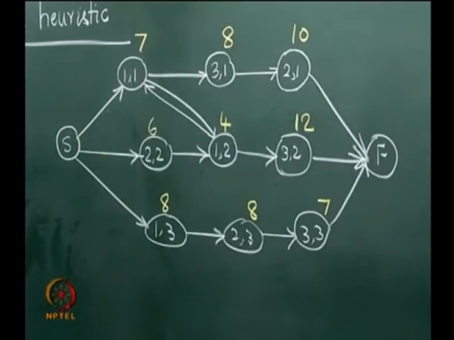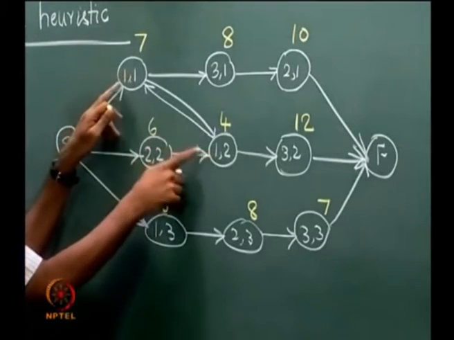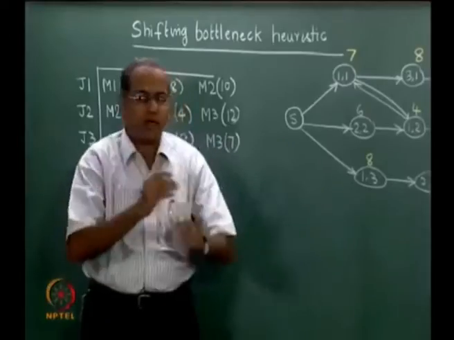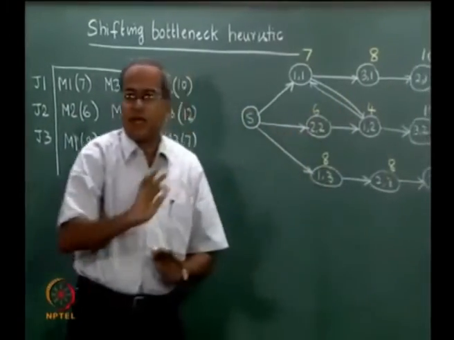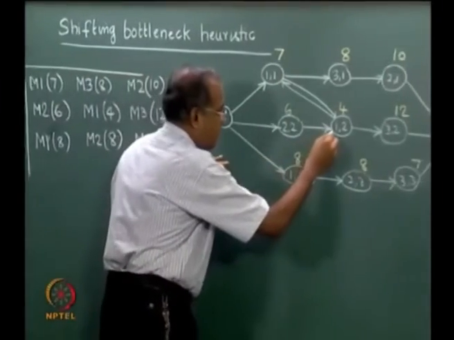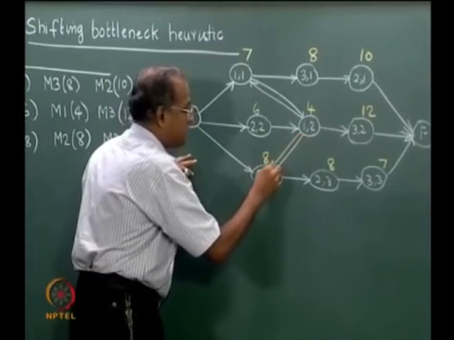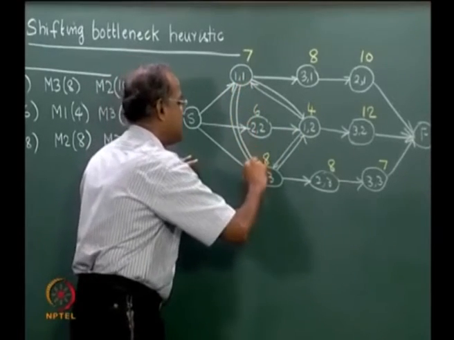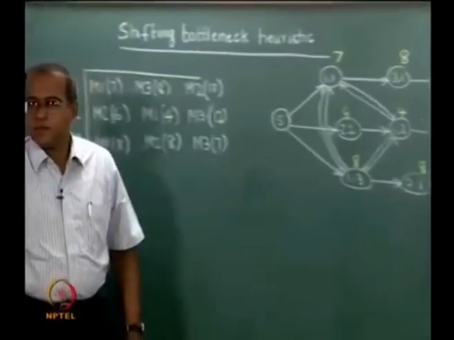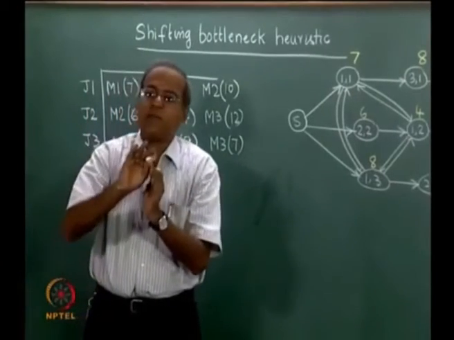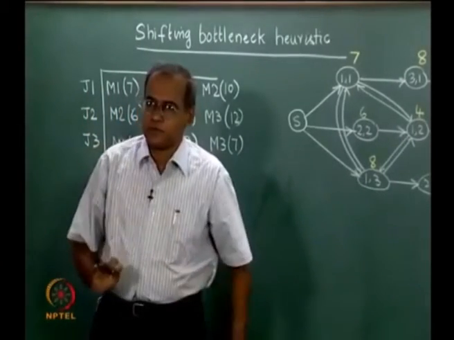So at the moment we do not know the order in which these 2 jobs are going to be processed by the machine, and depending on the order, one of these two arcs will be active while the other will not. Similarly, we have to consider for machine 1 jobs 2 and 3, and also jobs 1 and 3. So for every pair of jobs there are 2 arcs, and one of them will finally be active depending on the solution.